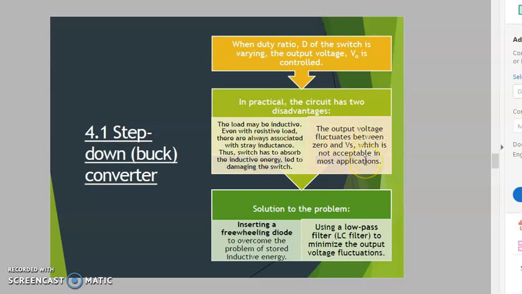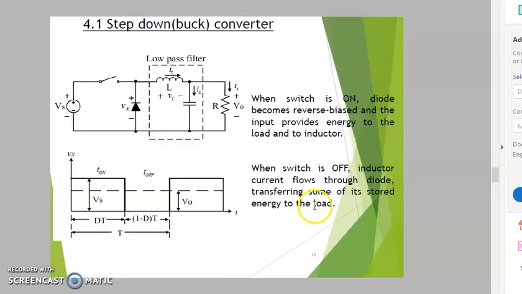Sometimes if you select a switch whose blocking voltage rating is too narrow, you might damage your switch when the voltage spike happens. So the solution to the problem is that we should insert a freewheeling diode to control the inductive current issues, or we have to use a low pass filter to minimize the output voltage fluctuation.